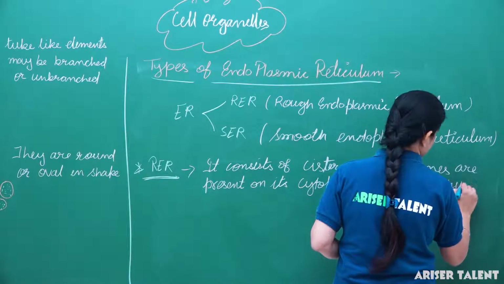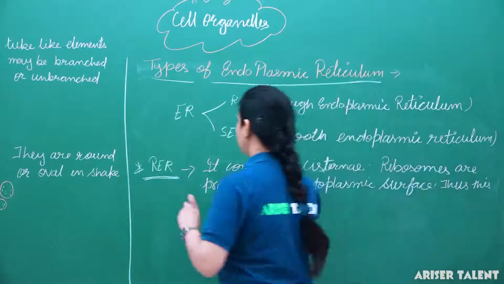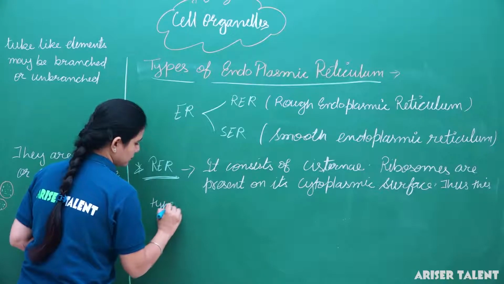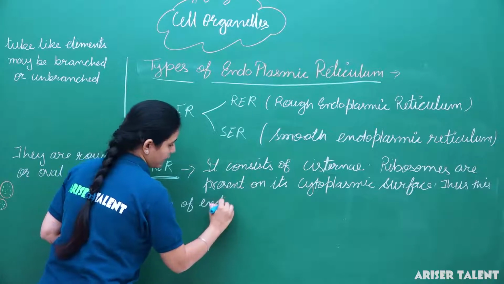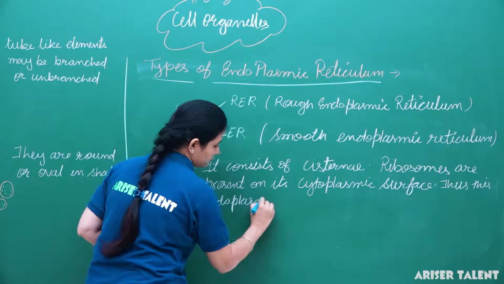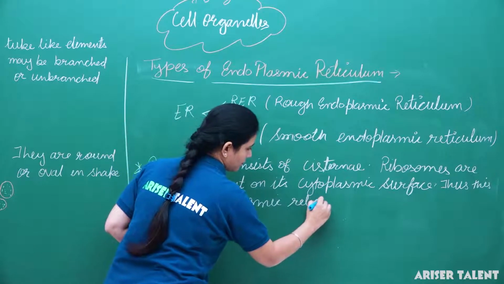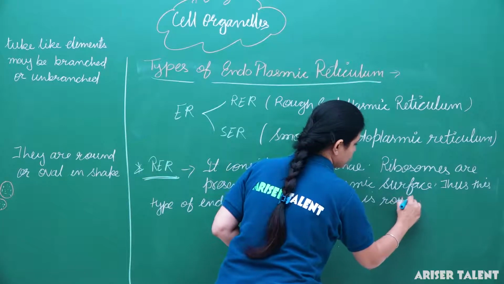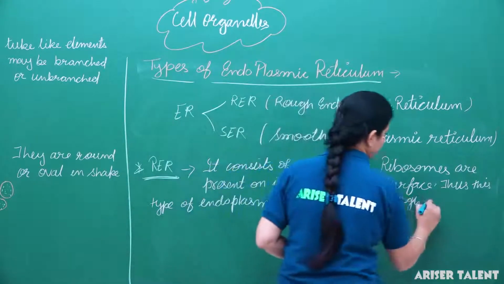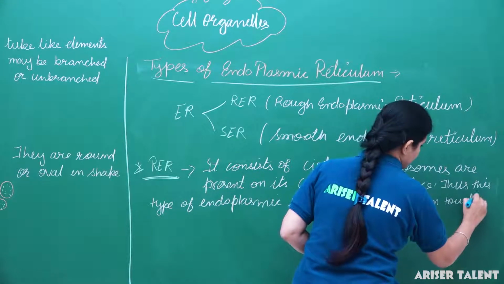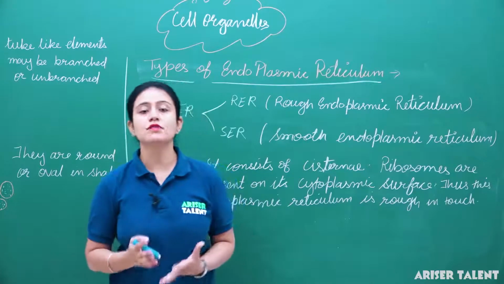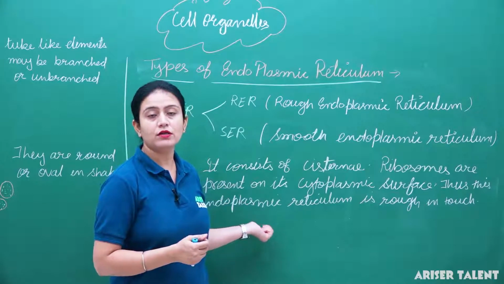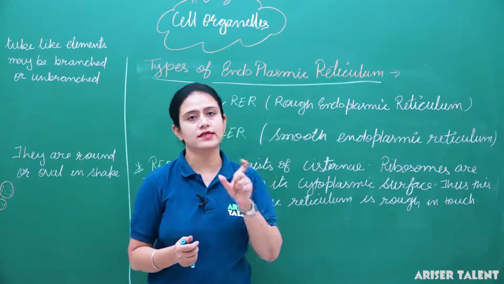Thus, this type of endoplasmic reticulum is rough in touch due to the presence of ribosomes. As we all know, ribosomes are the site of synthesis of protein. Thus, we can say that rough endoplasmic reticulum is present only in those cells which synthesize protein.